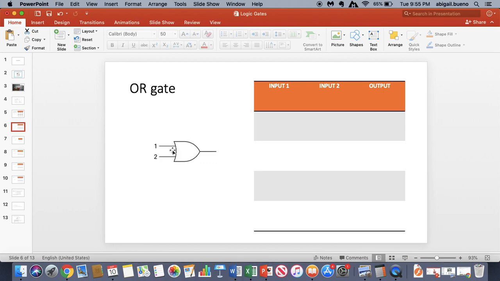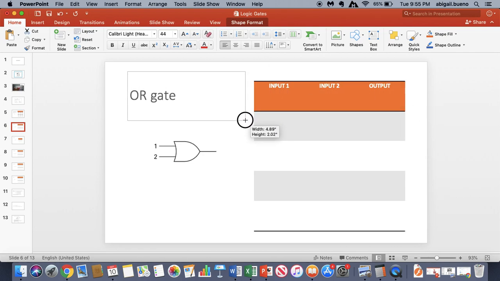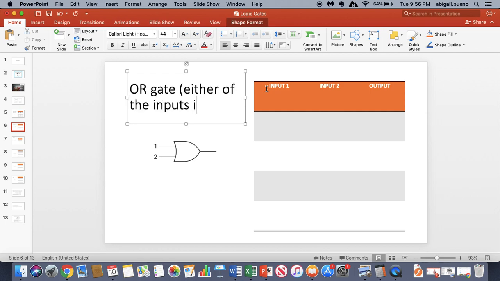Next gate is the OR gate. Look at how an OR gate looks. It also has two inputs and one output. So how does an OR gate work? Do you think it works like an AND gate? An OR gate, just like in the English language, will give an output of 1 or on if either of the inputs is on.